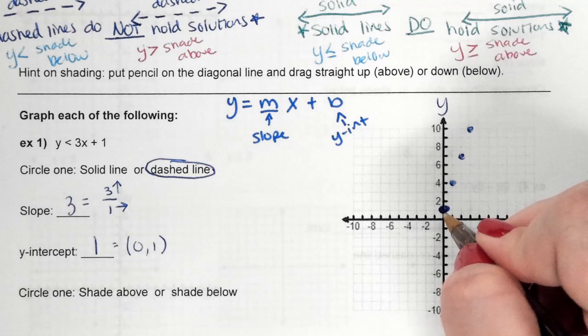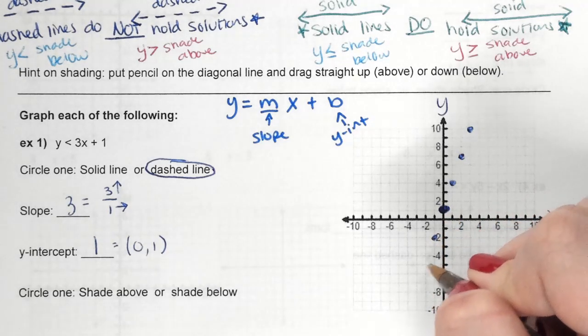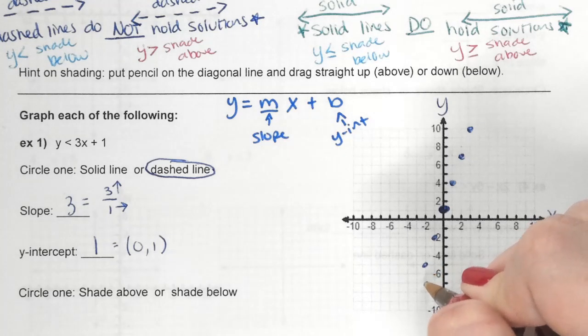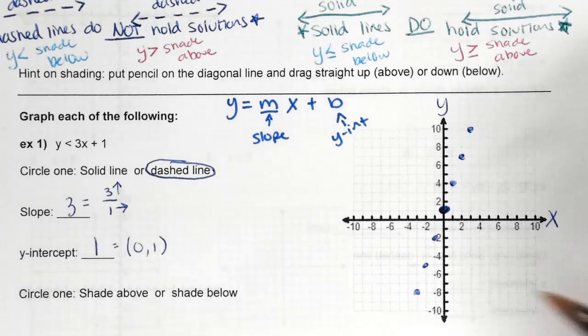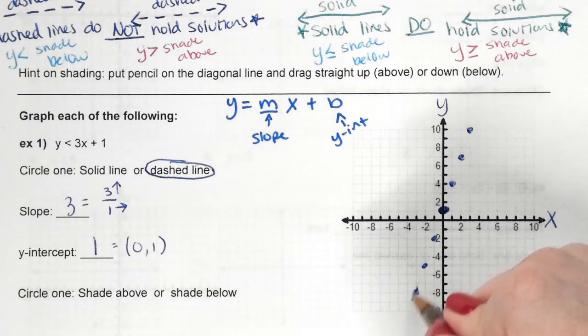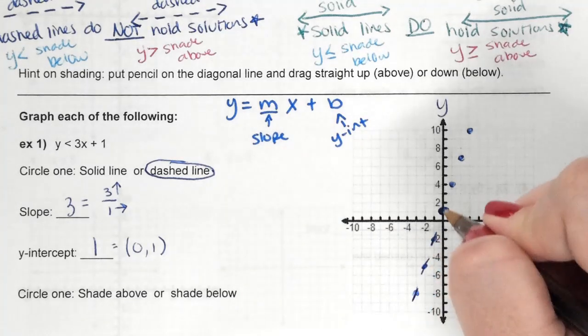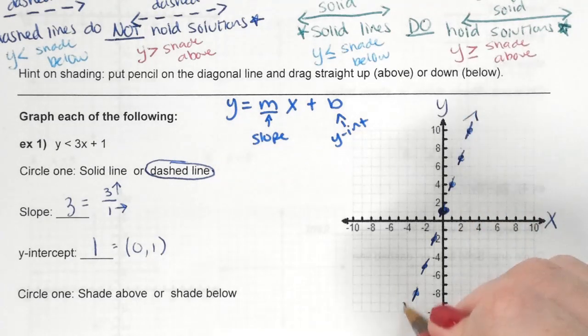Now on these, you do have to go all the way across your graph. If you only have 2 points or 3 when you could fit way more, I'm going to take off points. Now we said this is a dashed line, so I usually just draw a dash through every dot or connect every other dot, however you want to do it.